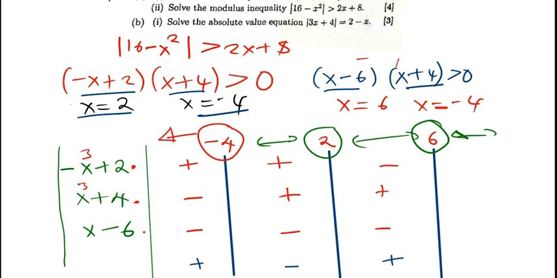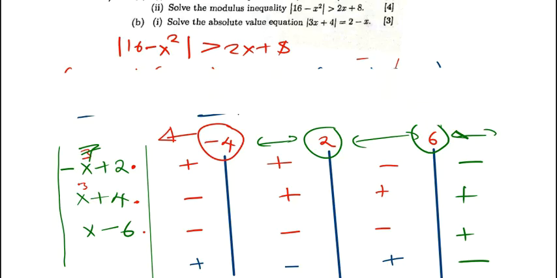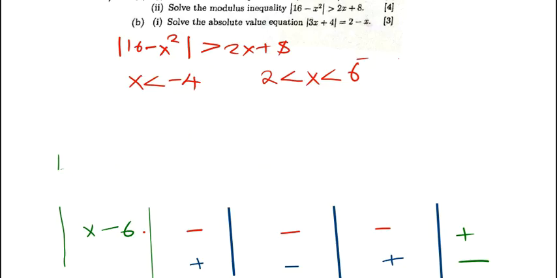If we plug in 7 for the first part, -7 plus 2 is a negative, the other part will be positive, and then the last part will be positive. So that will give us a negative, so we still remain with two cases. So the two cases are numbers less than -4, so that is x is less than -4, and then numbers that are between 2 and 6.